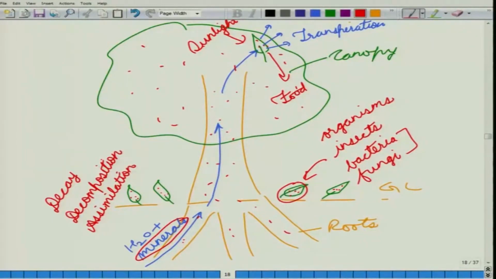Now, not only would these leaves die after a while, but also these organisms that have fed upon the leaves. So, their bodies now have this energy, they now have these minerals, and after a while they will also decompose. So, when all that happens, you will get this layer of soil that is very rich in humus.